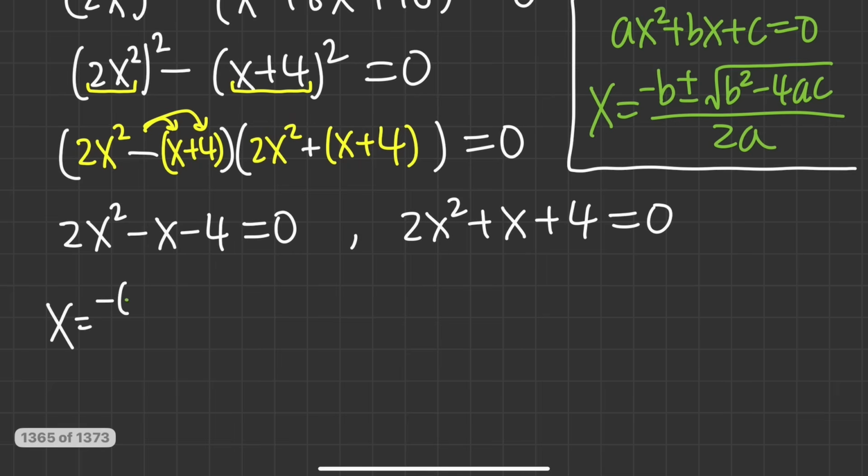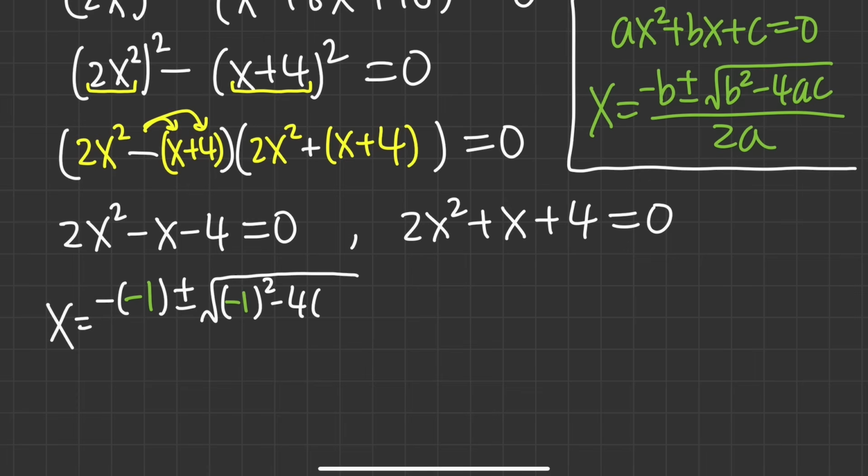So we have negative negative 1 plus or minus square root of b squared, which is negative 1 squared, minus 4 times a times c. A is 2, c is negative 4. And then all over 2 times a, which is just a 2.